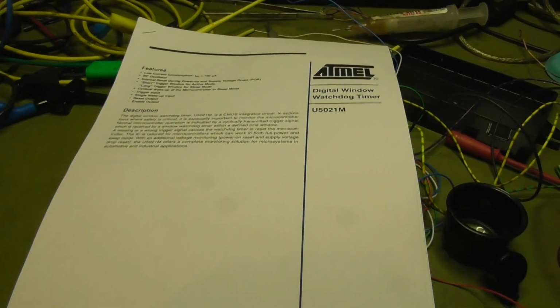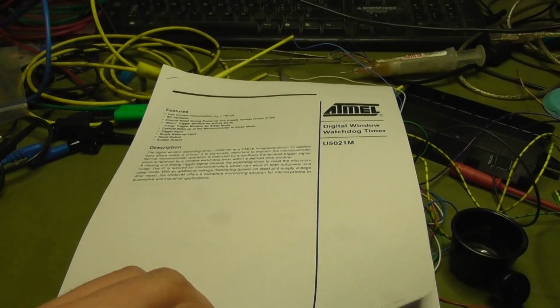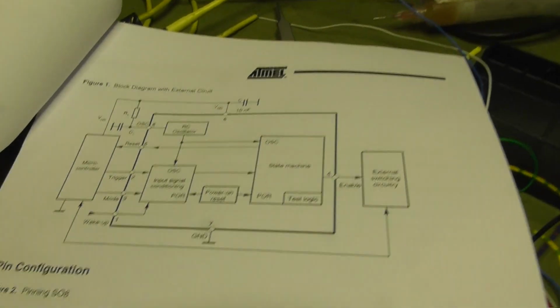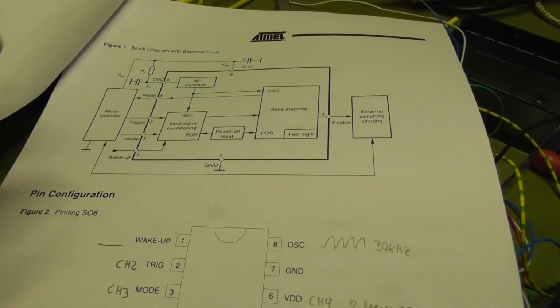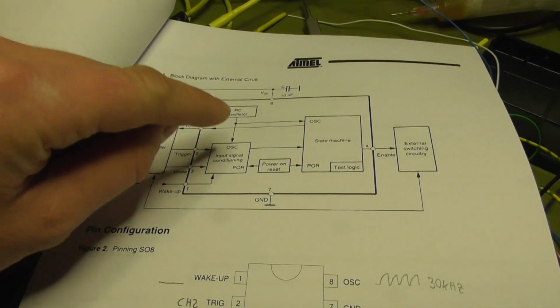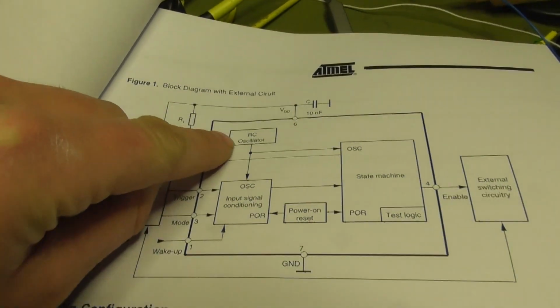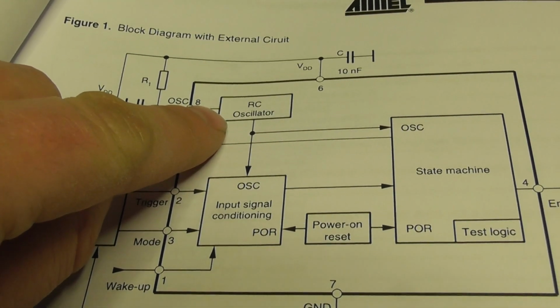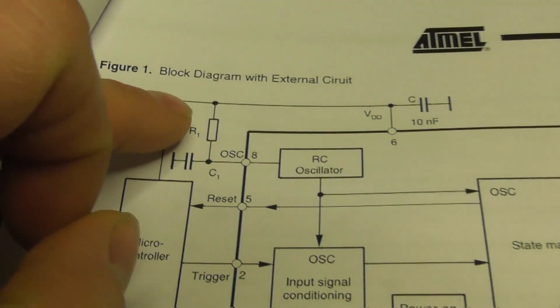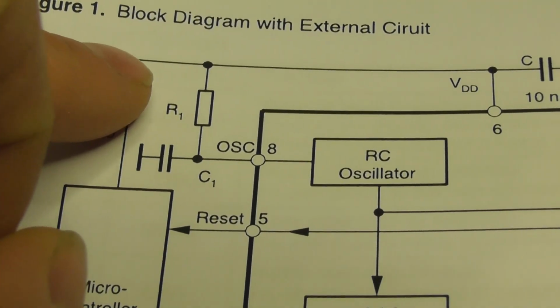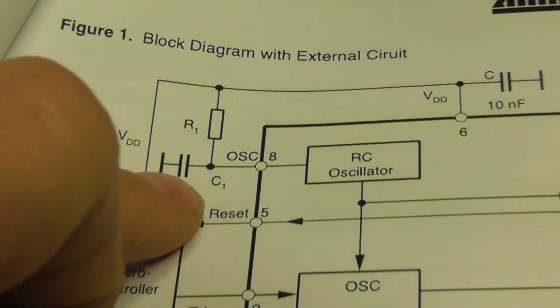I have printed out the complete datasheet of this watchdog. Now, I want to explain how it works. All timing events are based on this internal RC oscillator. The internal frequency is set by two external components, this resistor and this capacitor.